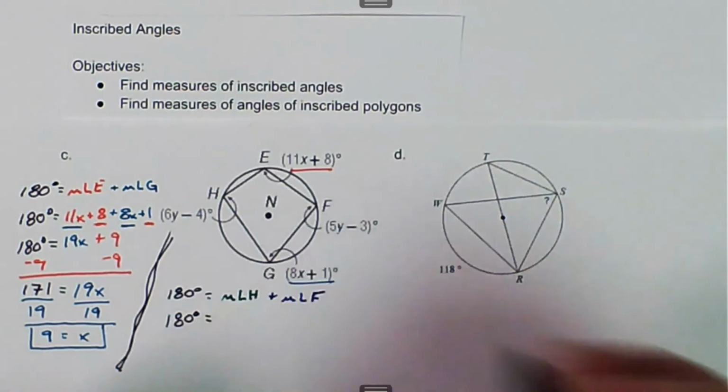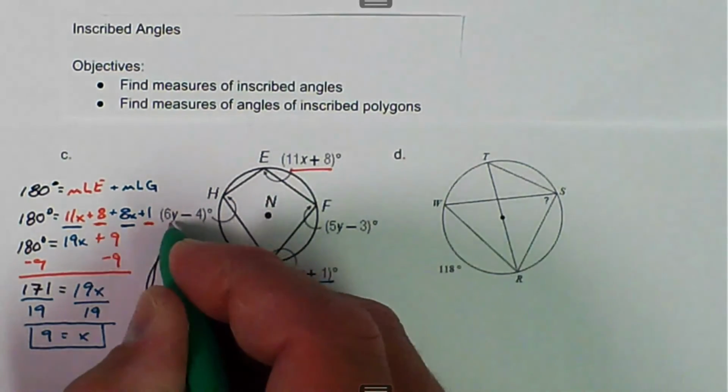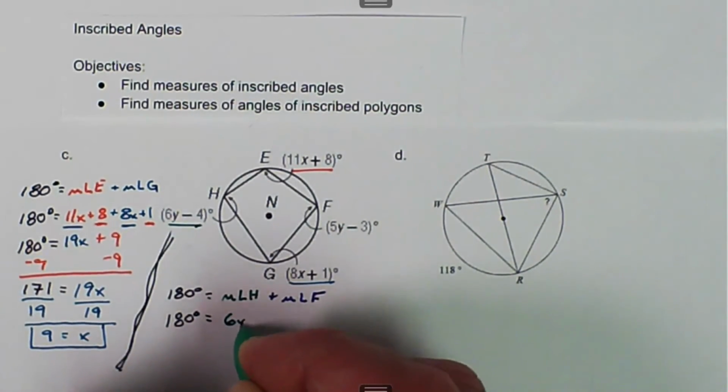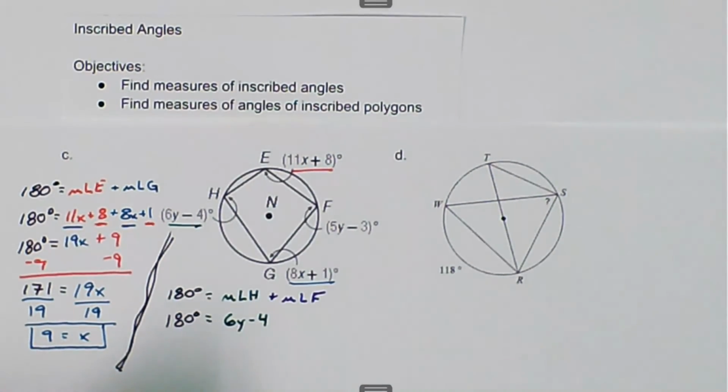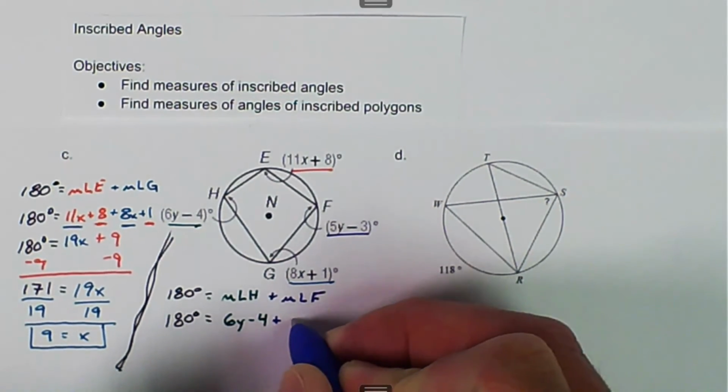So 180 degrees is equal to 6y minus 4 plus 5y minus 3.